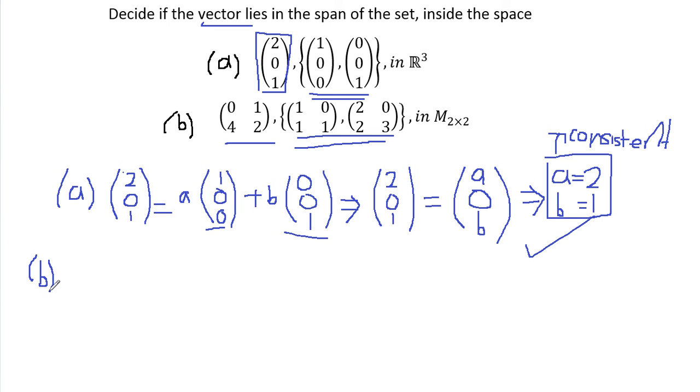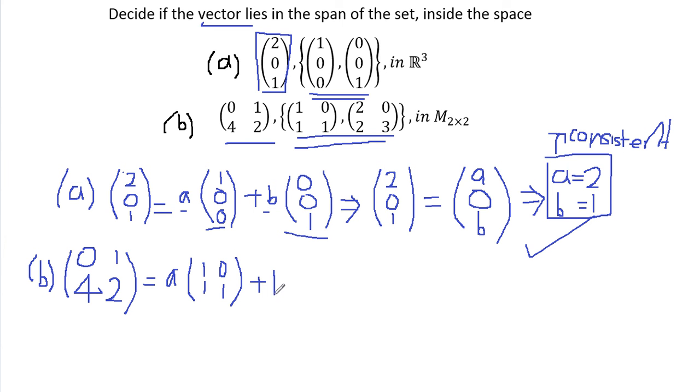So again, we write it as a linear combination in terms of parametrization, just like here, A and B. So let's start off: the matrix (0, 4; 1, 2) equals A times the matrix (1, 1; 0, 1) plus B times the matrix (2, 2; 0, 3).